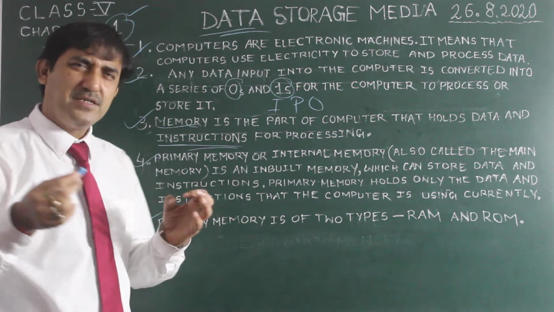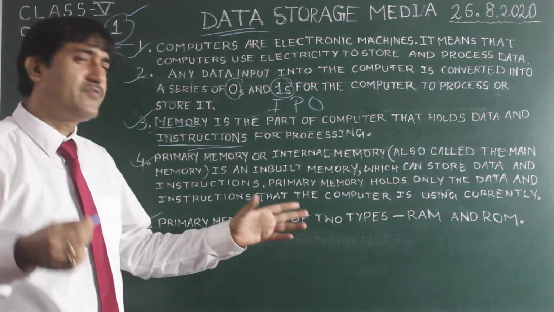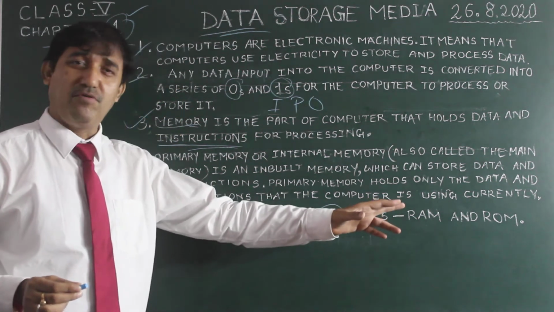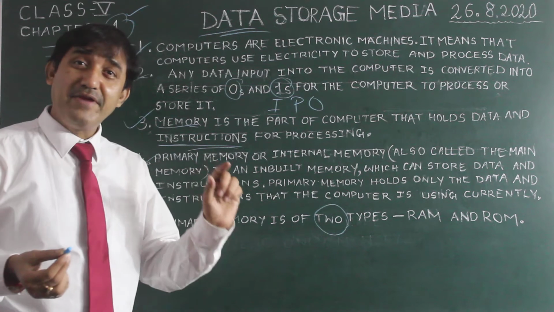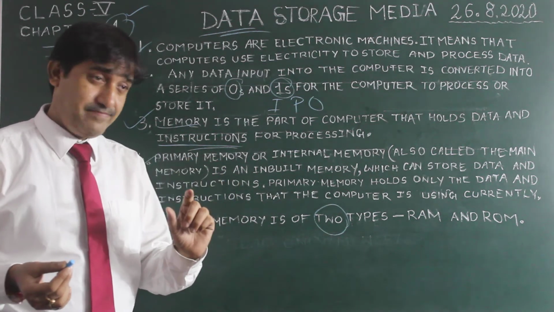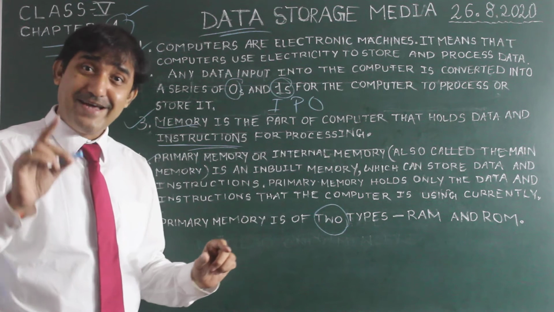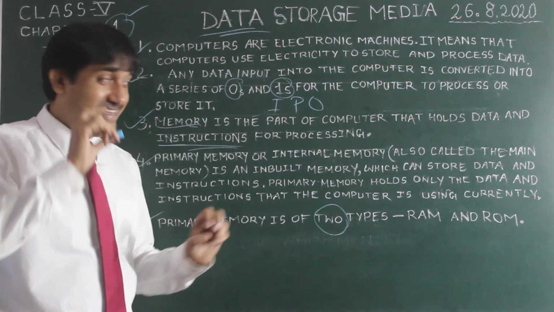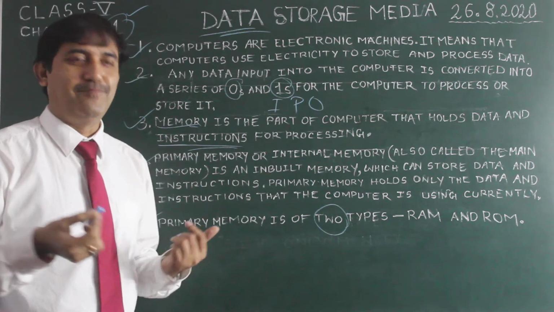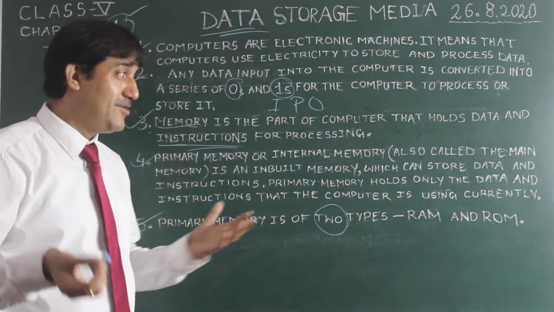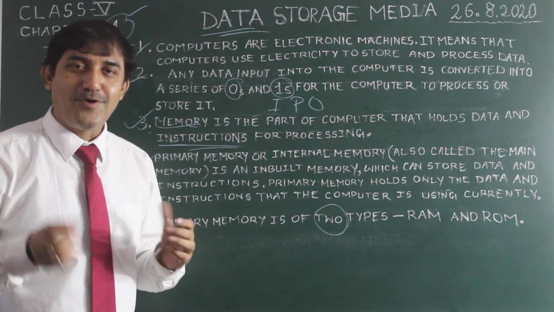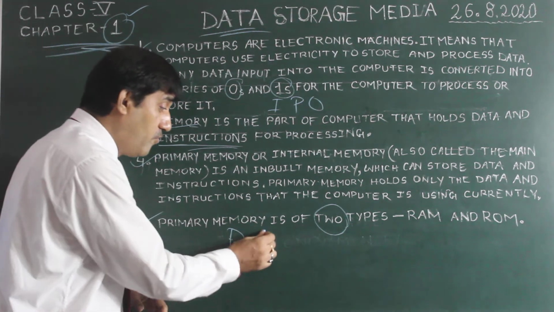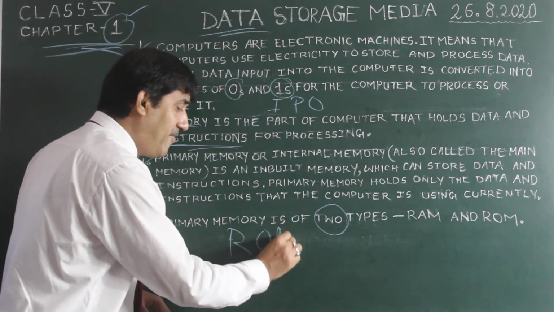Now comes to the thing, this primary memory. You will find the memory is of two types, not one, two types. What is that? RAM and ROM. What is RAM? RAM is read only memory. No, RAM is random access memory. And ROM is, see, just see, we are revising. So you have to tell. ROM is read only memory. R for read, O for only, and M for memory.